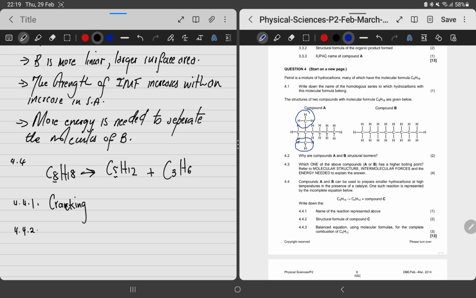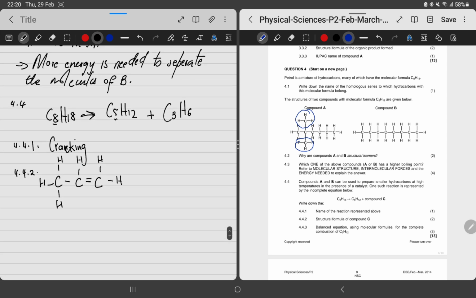Structural formula of compound C. So we have 3 carbons and then we have 6 hydrogens. This means that this is an alkene. So 1, 2, 3, 4, 5, 6. We are done.